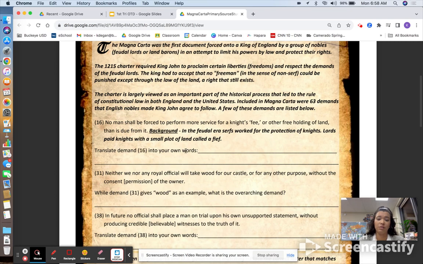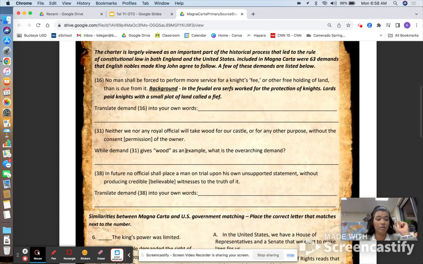In the feudal era, serfs worked for the protection of knights. Lords paid knights with a small plot of land called a fief. You know what a fief is. So you're trying to translate this demand into your own words. I know this might be a little difficult, but I need you to give me the best try you can today. There's only 3 of these that you have to attempt.